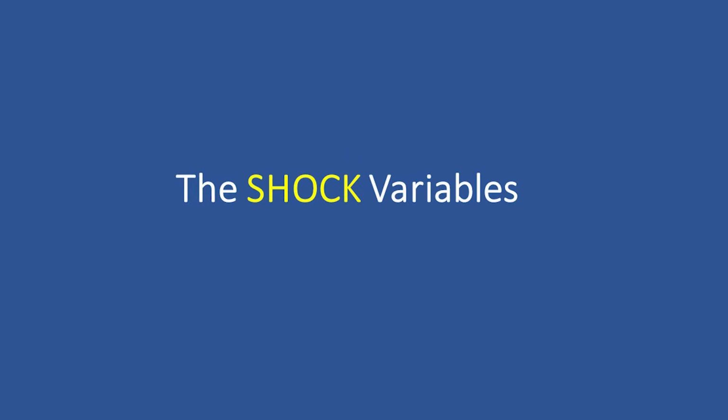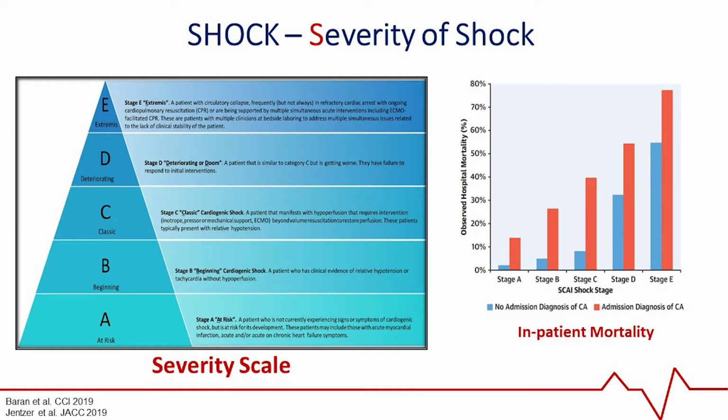So we've heard the talk about the severity scoring system from A to E, A being at risk and E being in extremis. That was published by SCAI and discussed multiple times today and yesterday.